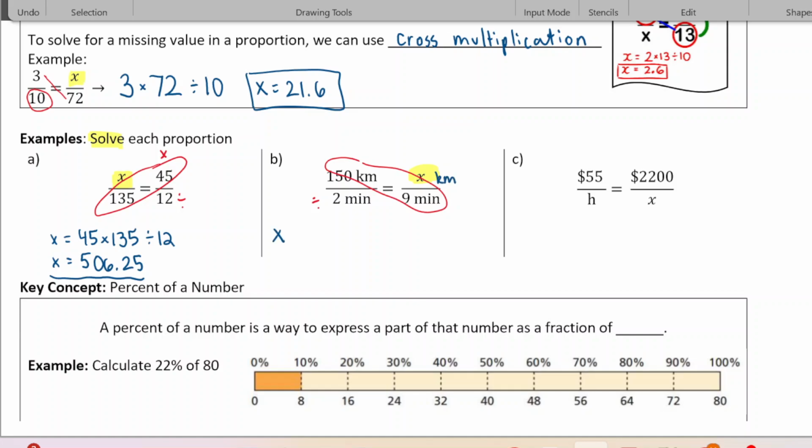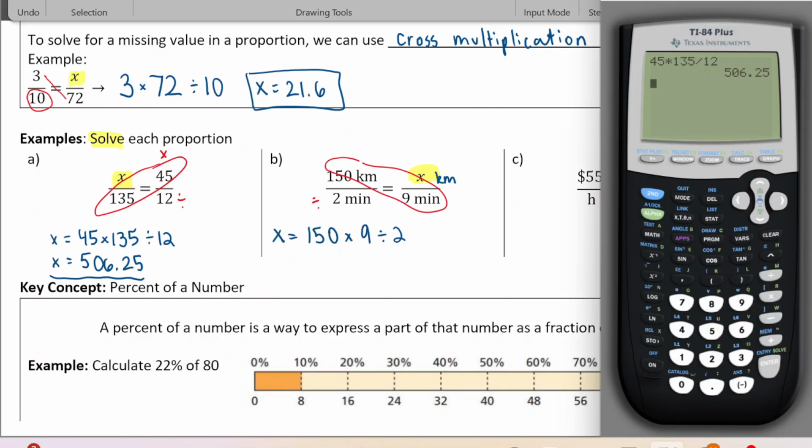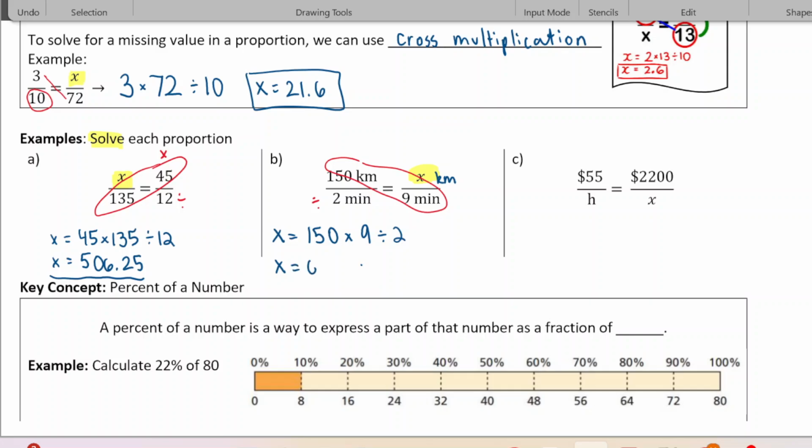So x is going to be 150 multiplied by 9 and then divided by 2. So I'm going to type that in. 150 times 9 divided by 2. I just realized I forgot a 0 here. There we go. 675. And this one has units, kilometers, that match.